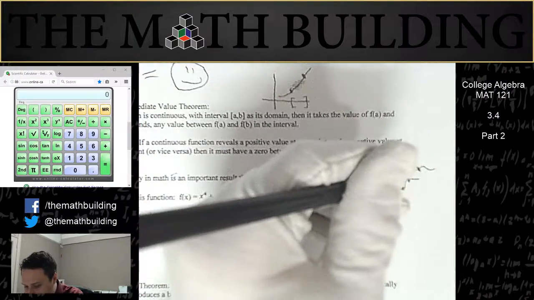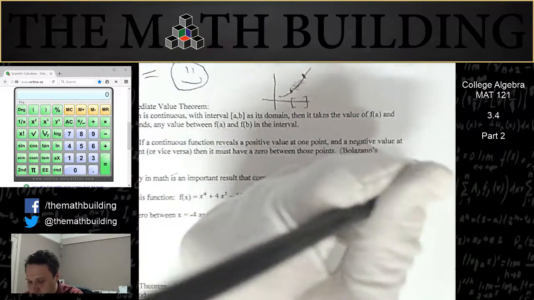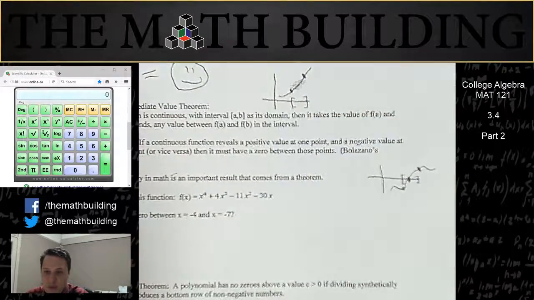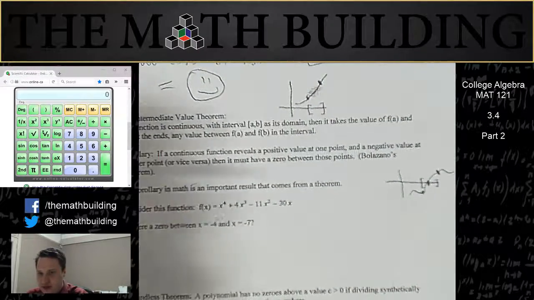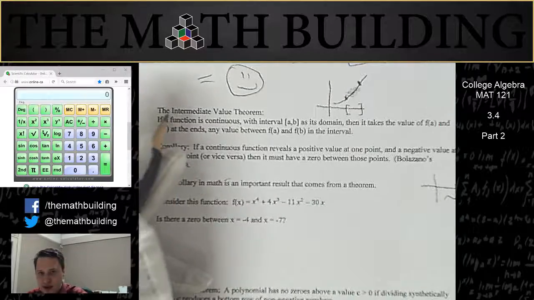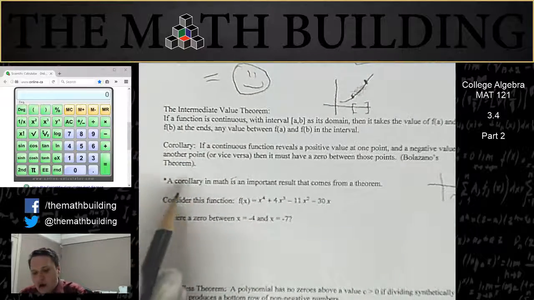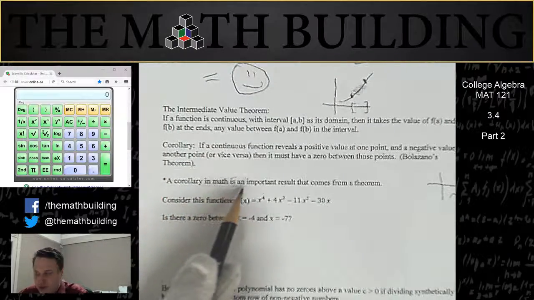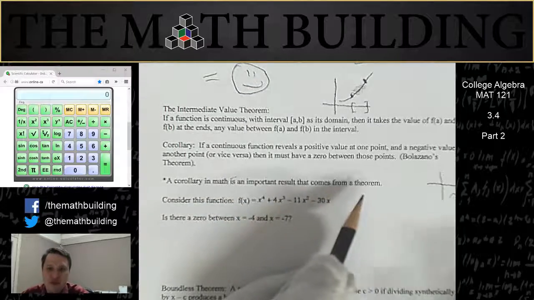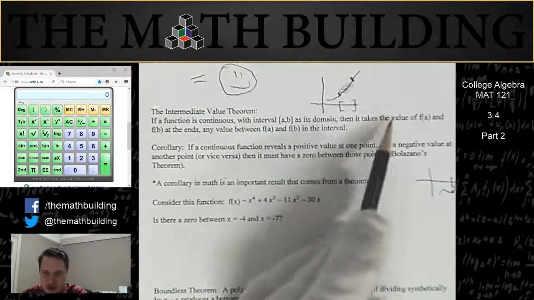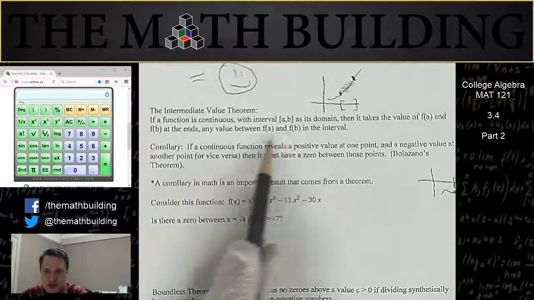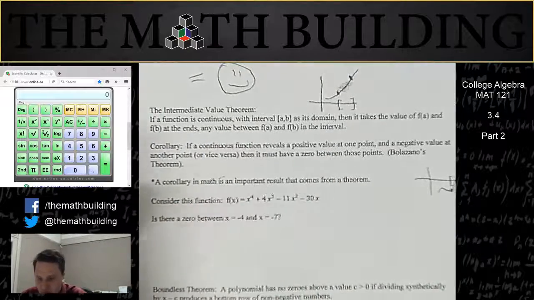It doesn't matter where it is, but it's going to be somewhere in this open interval. That's called Bolzano's theorem, and it's a corollary of the intermediate value theorem. A corollary is an important result that comes from a theorem. So here's the general case, but a special application of that is we can use it to find zeros.